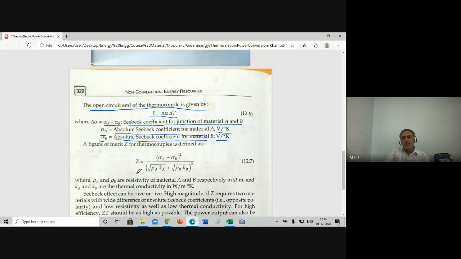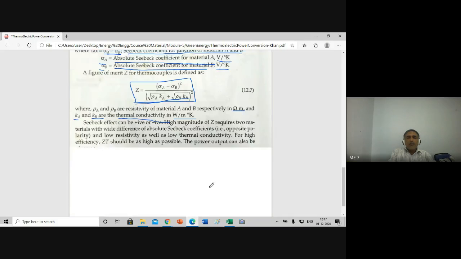So Z is equal to this equation: alpha A minus alpha B, whole square, divided by square root of rho A into Ka plus square root of rho B into Kb, whole square, where rho is the resistivity of the material, and A and B indicate material A and material B. The unit is ohm meter, and Ka, Kb are thermal conductivities in watt per meter per Kelvin.